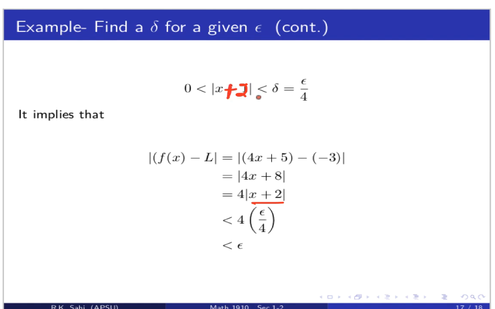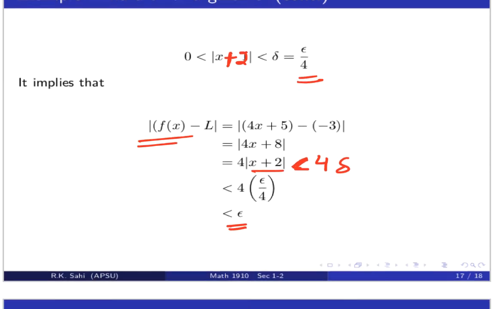So |x plus 2| less than delta. So this is going to be strictly less than 4 times |x plus 2|, times delta. Now remember, delta we chose to be epsilon by 4. So 4 times epsilon by 4. So |f(x) minus L| is strictly less than epsilon. And that's what is needed for the rigorous definition of a limit.